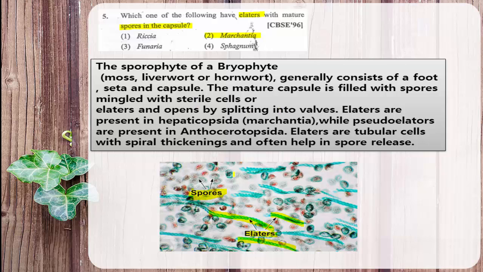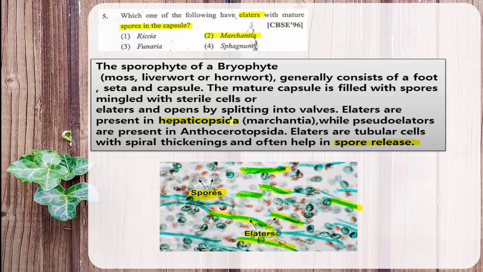Elaters absorb water and help to release the spores from the capsule, because after absorption of moisture the capsule structure becomes enlarged, and the enlarged capsule ruptures and releases the spores.